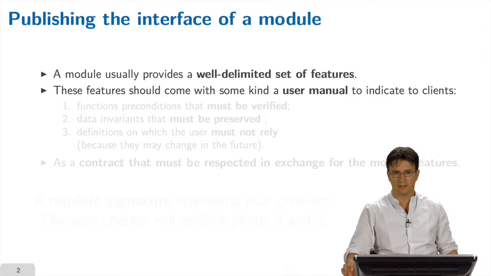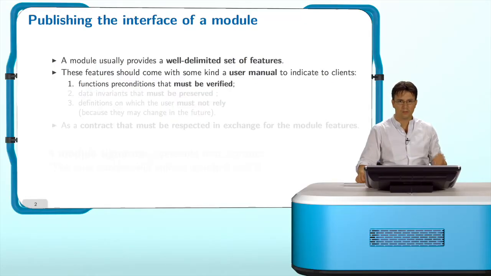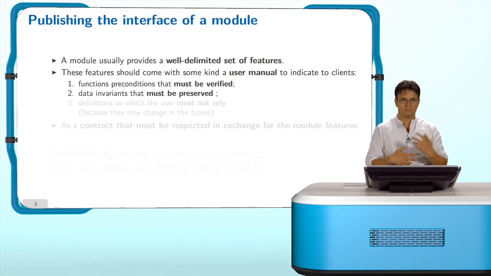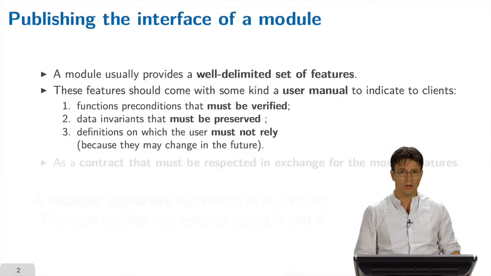What does that mean exactly? Well, function preconditions must be verified by the client. Also, the client should not break data invariants that are key for the data structure to work. Also, the client should not use definitions that are internal, that should be private, because they may change in the future.